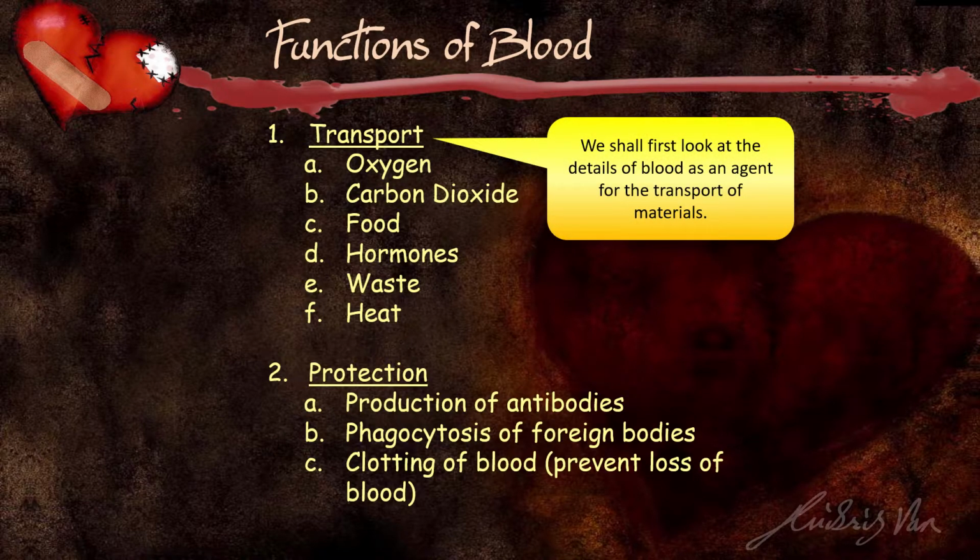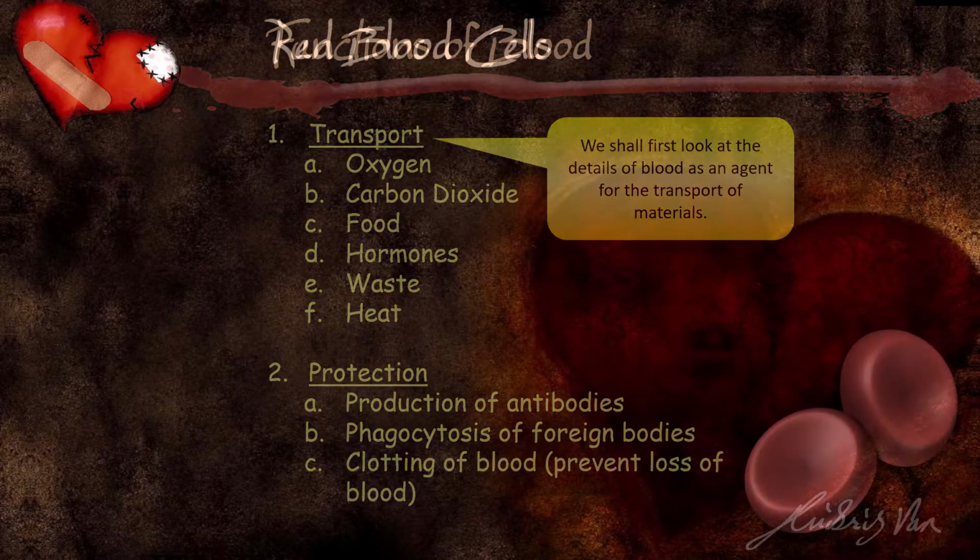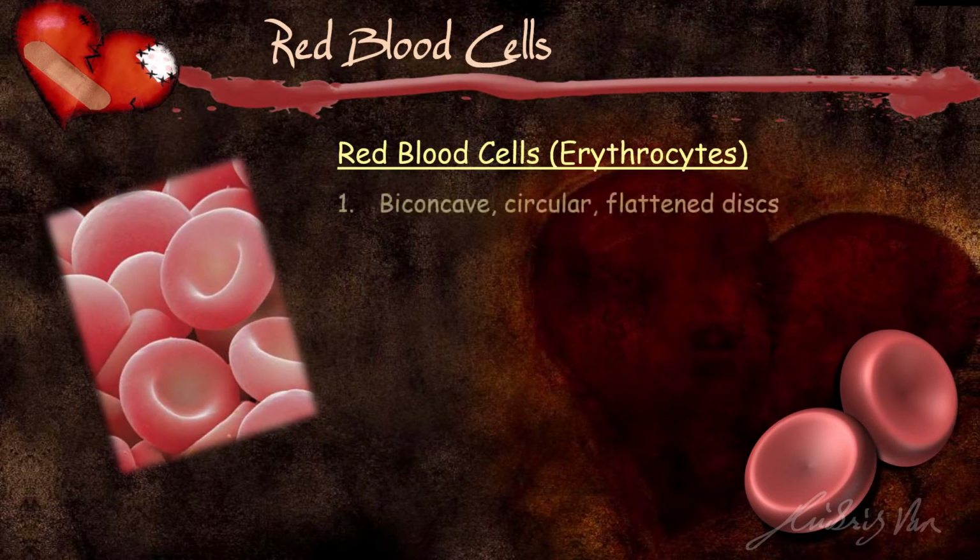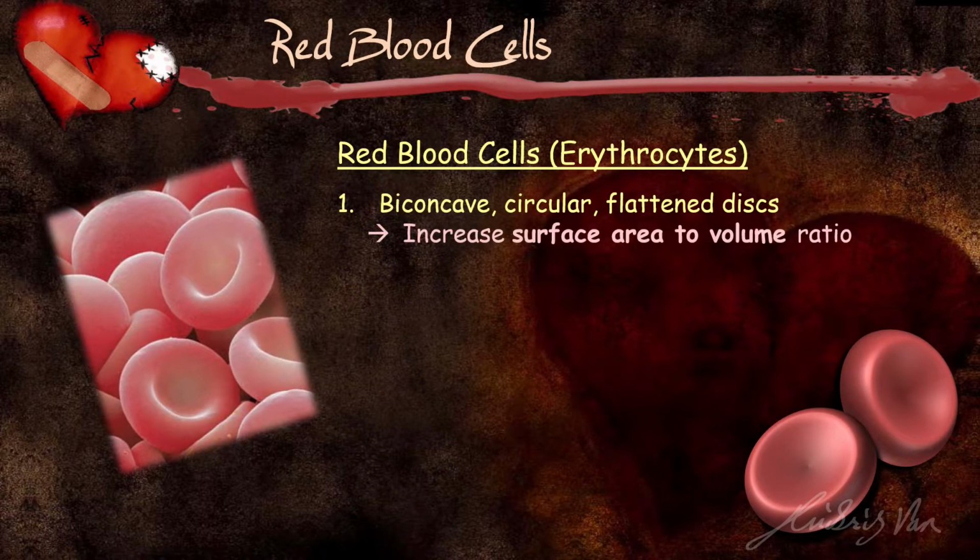We shall now first take a look at the detail of blood as an agent for the transport of material. The first component which we will learn about is our red blood cell. And actually, you have already learned it in the first chapter where we talk about cells. So red blood cell, as all of you know, is involved in the transport of oxygen.